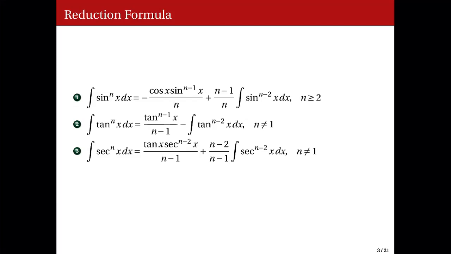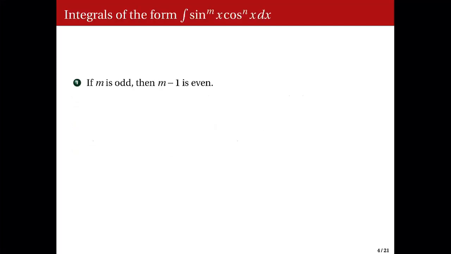Now, let us consider integrals of this form, powers of sine and cosine. So you have the integral of sine to the m x cosine to the n x dx. Throughout this slide and the next few slides, m will be the power of sine and n will be the power of cosine.